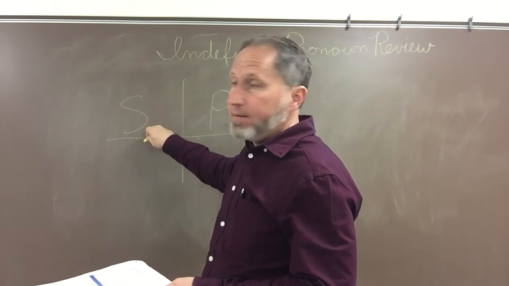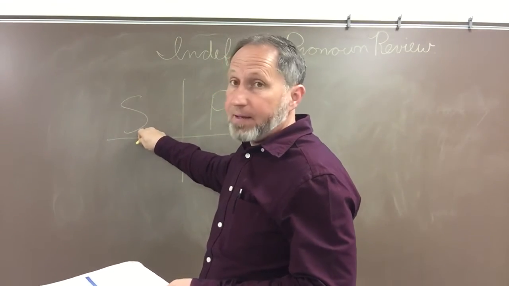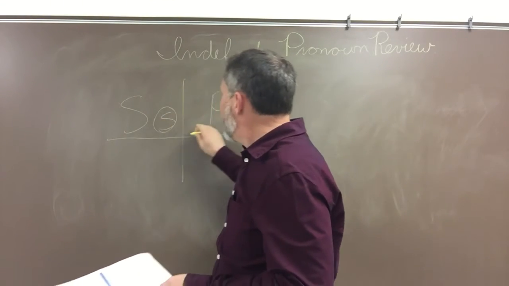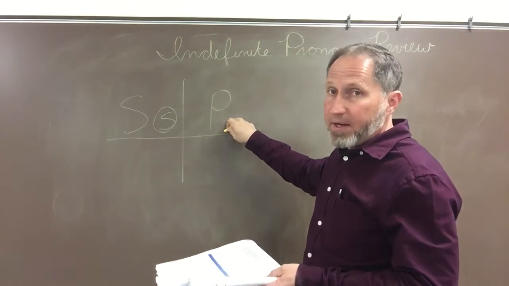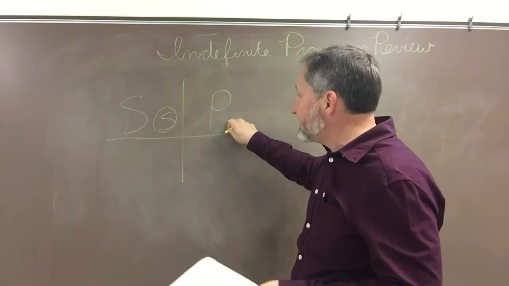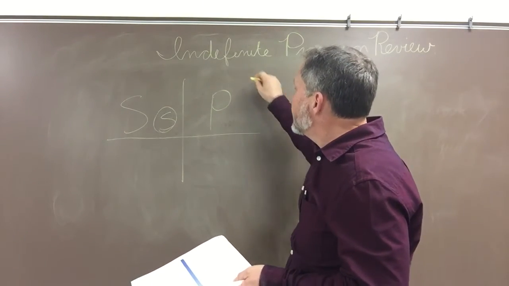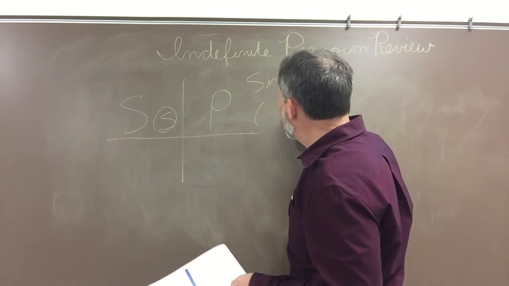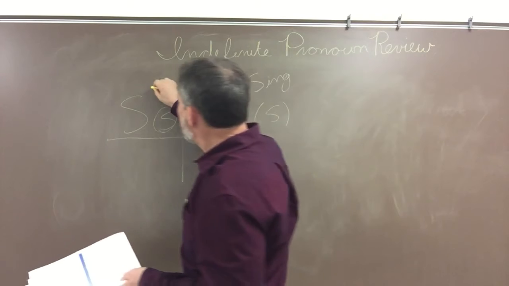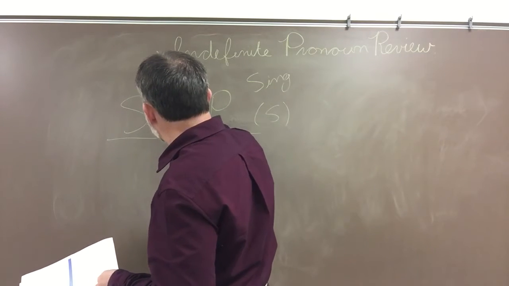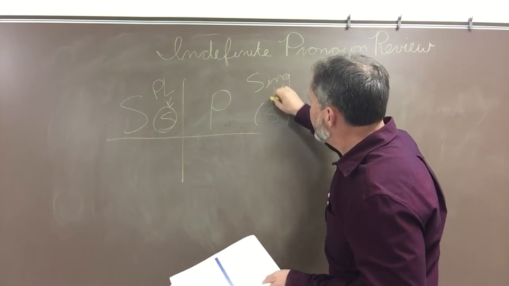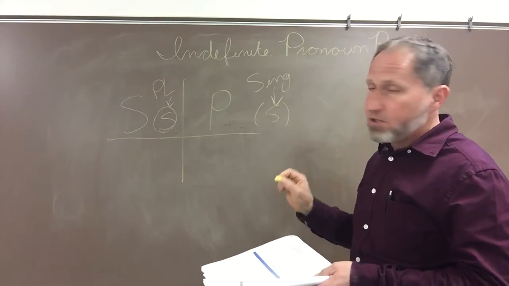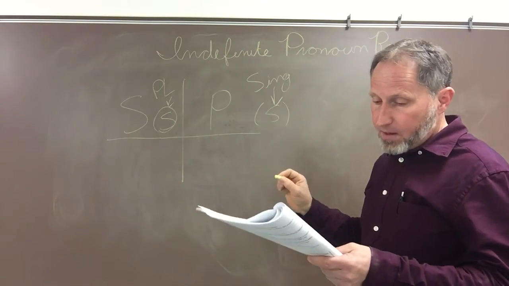Remember that typically a subject is made plural by adding an S. And remember that for predicates, they are just the opposite. They are made singular by having an S. So subjects are typically plural with an S. Predicates are singular when they have an S. Just the opposite. So keep that in mind.